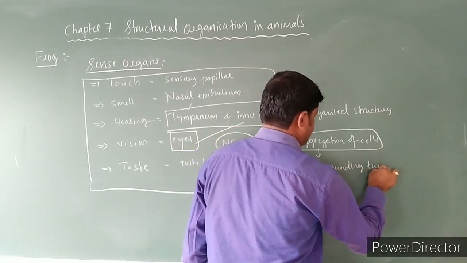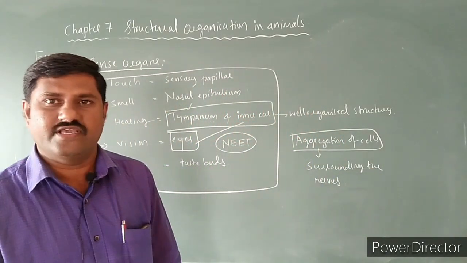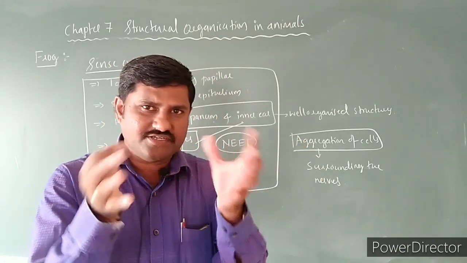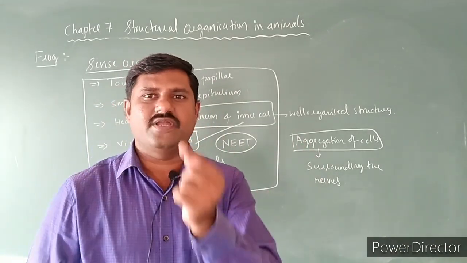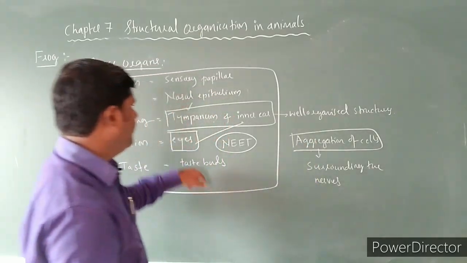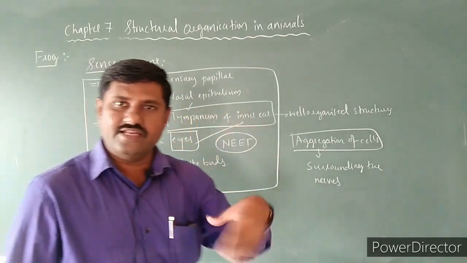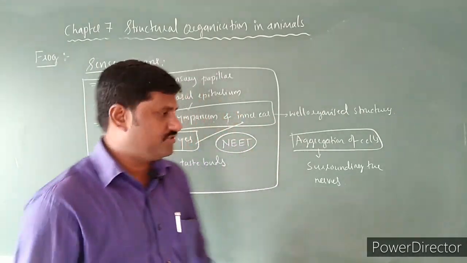Aggregation of cells surrounding the simple sensory nerve itself. That kind of structure is in all others except the eyes and inner ear. Inner ear as well as eyes are well organized structures.